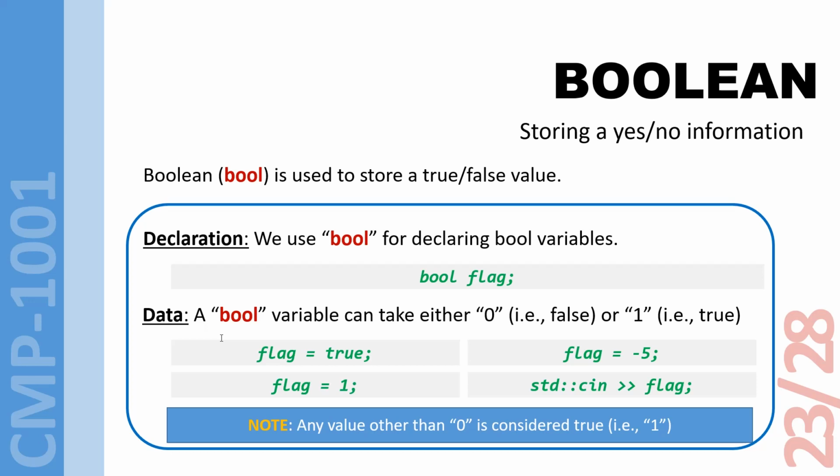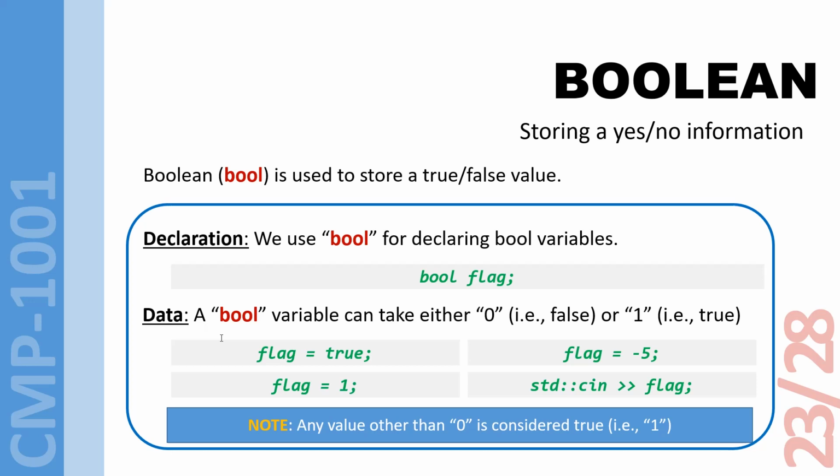The bizarre thing regarding the Boolean is the fact that if you write down 0, then as a numerical value, it will become false. That's good. But if you write down any other number, it could be a positive number, it could be any negative number, then it's gonna be true.